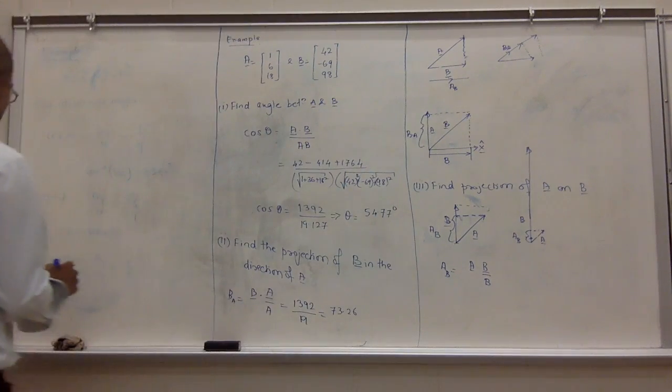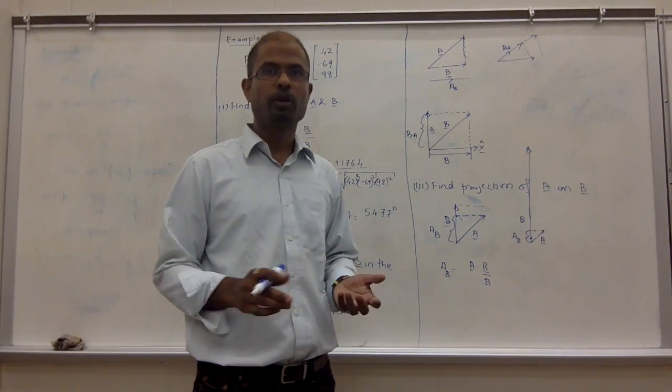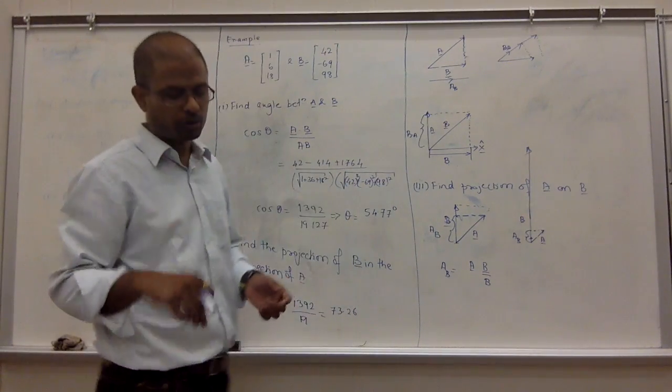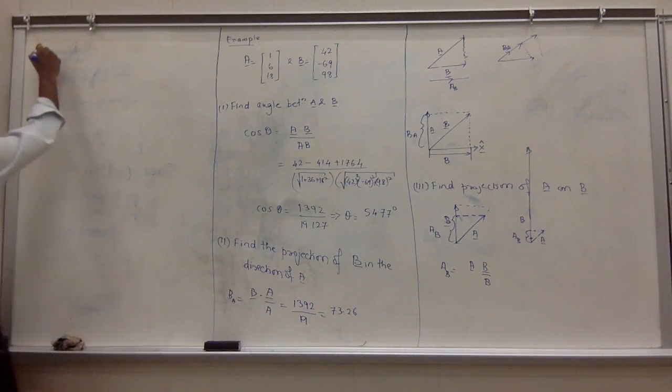Alright, here is, see, I'm giving you a feel of how to use vectors. And this is what we are going to do when we actually start covering the course. Okay? So, try to understand this question. Here's another example.